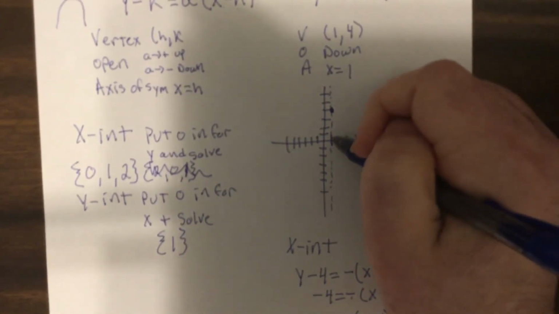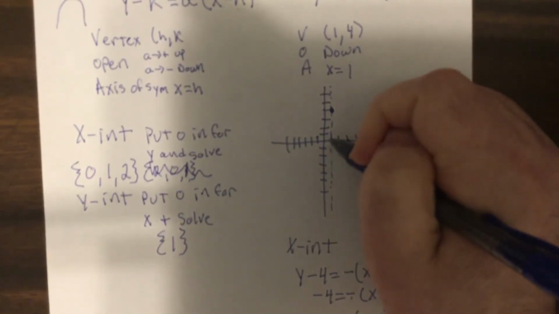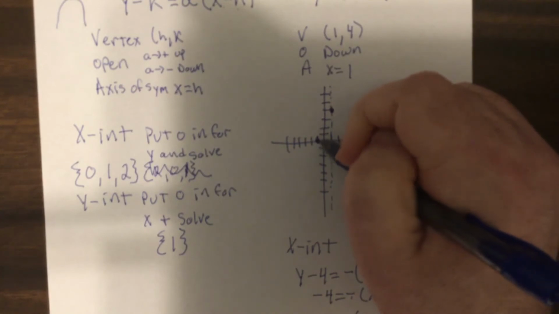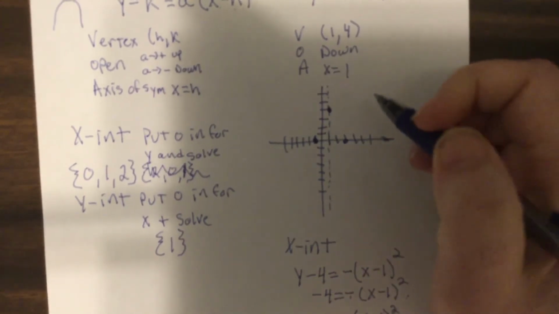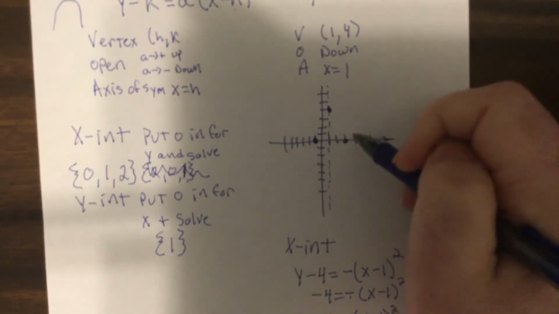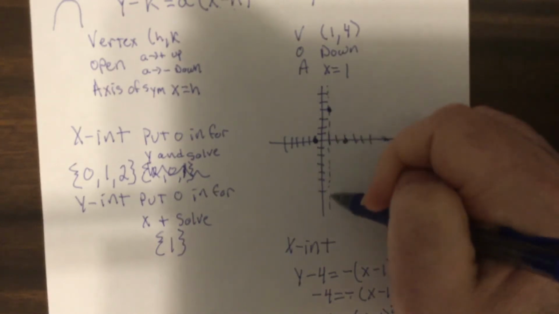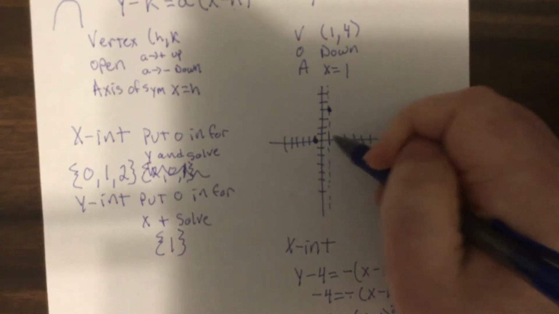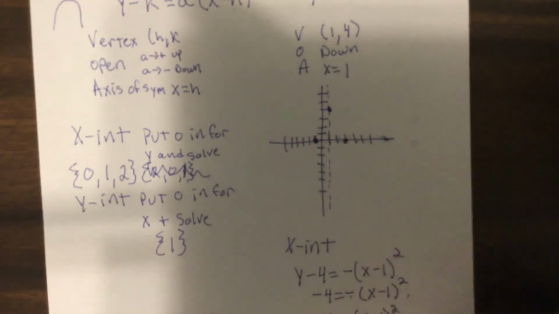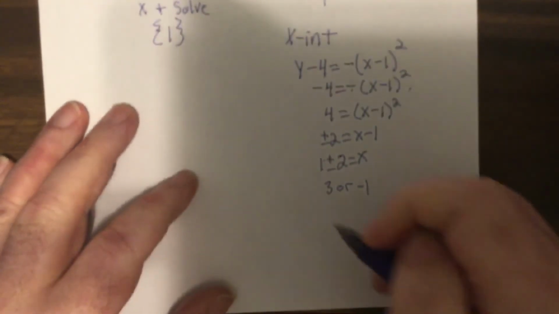We have 3, 1, 2, 3, and negative 1, 1 to the left. Now notice if we did this right, they're both the same distance away from the axis. So 1, 2, 1, 2. Now we're going to find the y-intercept.